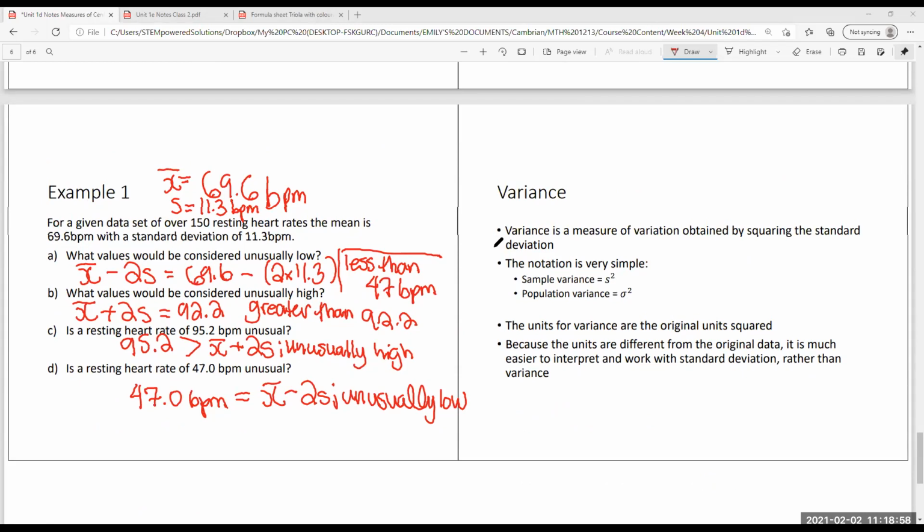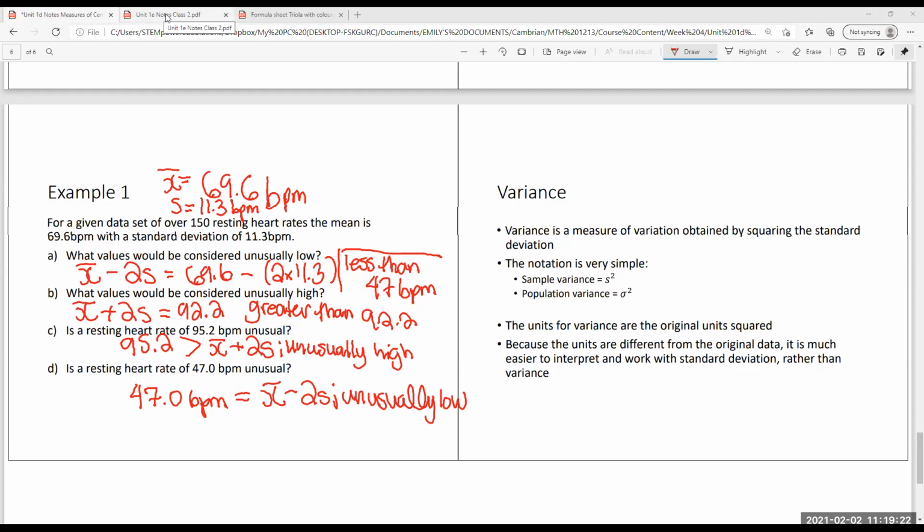So all that we do is we take sigma and we just square it, or another way of saying square is multiply the value by itself, like a number multiplied by itself. Okay, so that's what variance is.